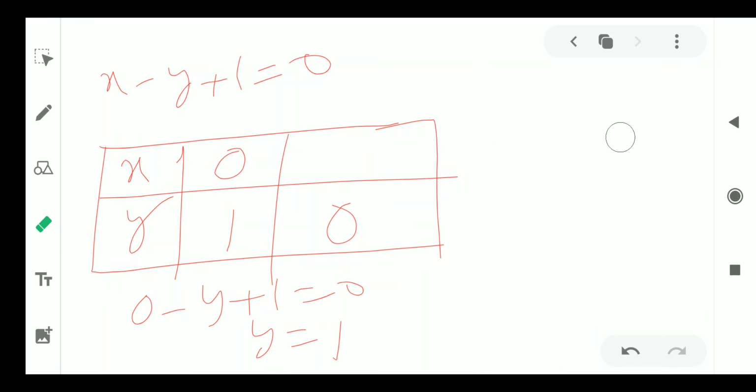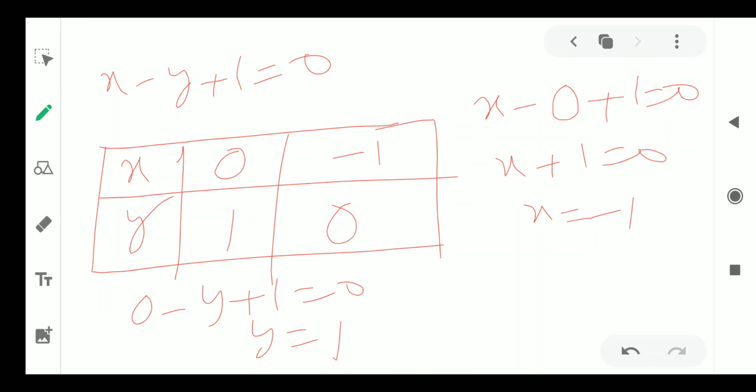So we have to put y as 0. Here we assumed x is 0, so therefore y we got 1. So when y is 0, we get x plus 1 is 0, so x is equal to minus 1.